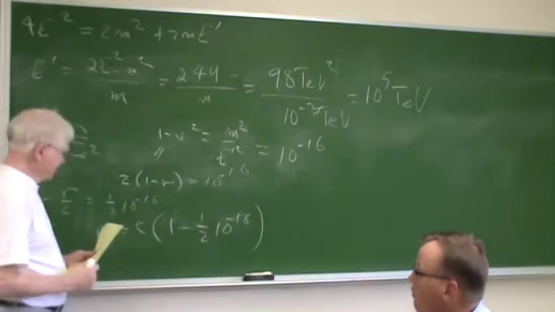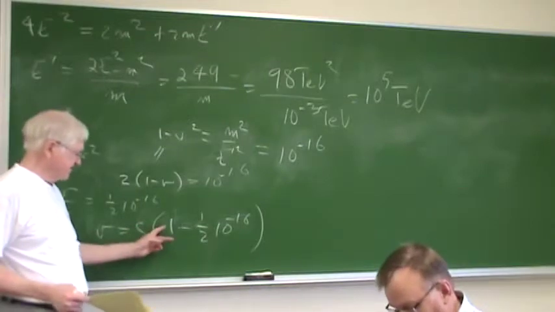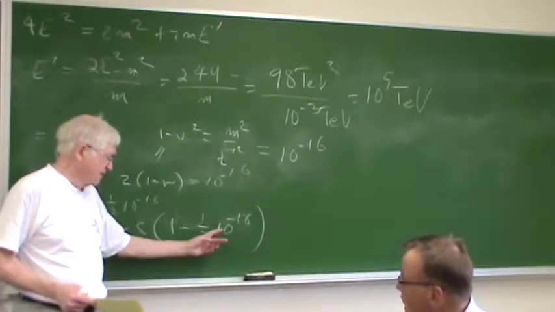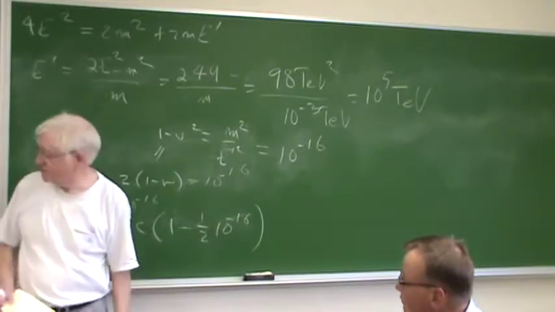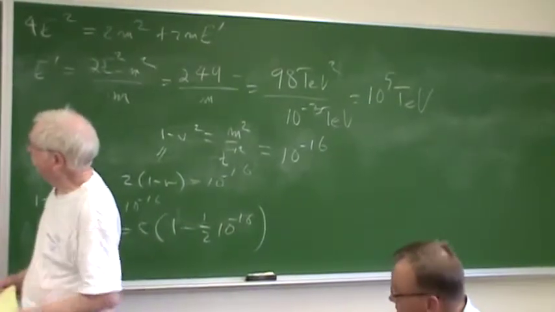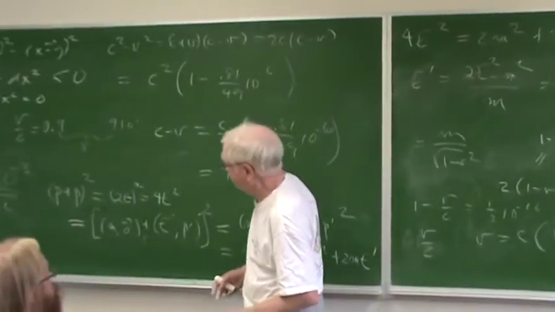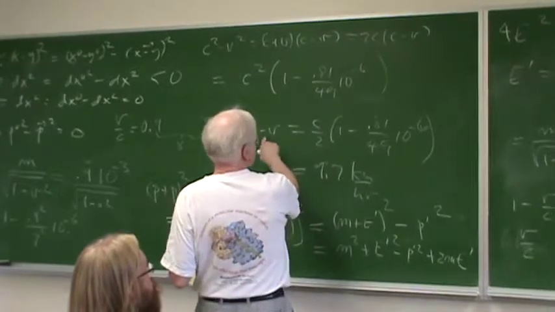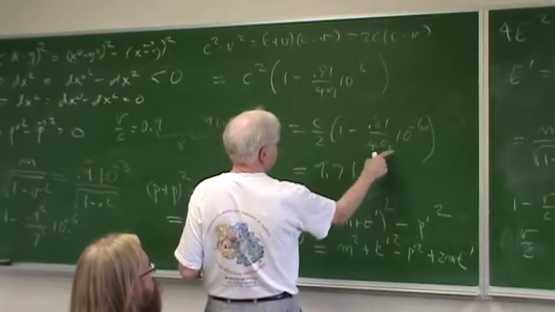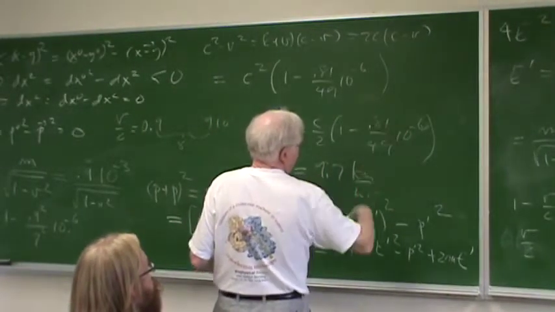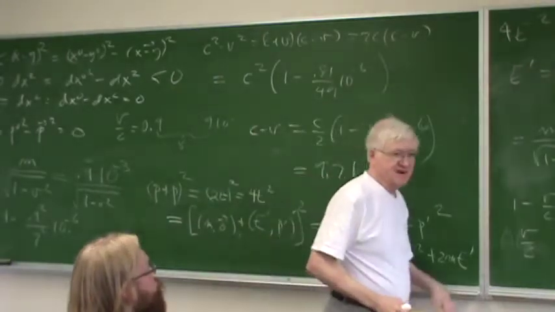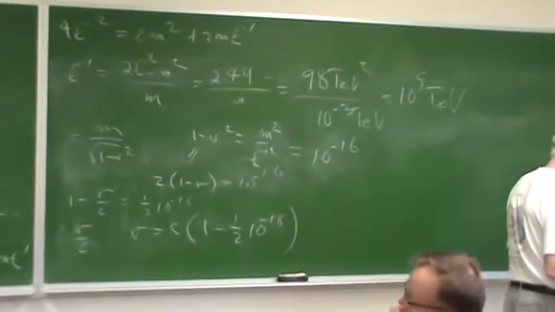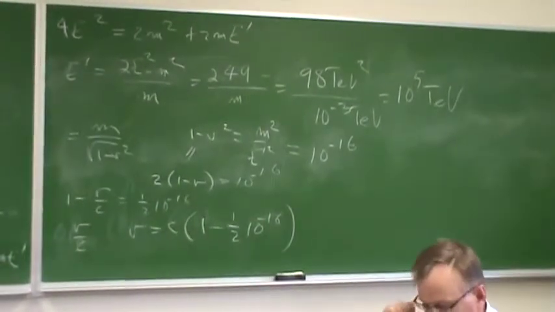So the speed of light, apart from 10 to the minus 16 divided by 2. Whereas over here, we had c minus v was roughly, oh, I don't know, 10 to the minus 7 or something. All right, so much for that one.